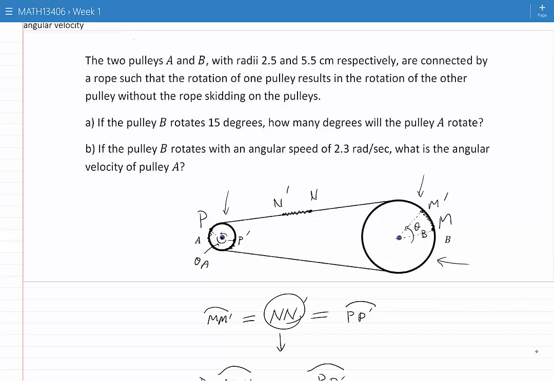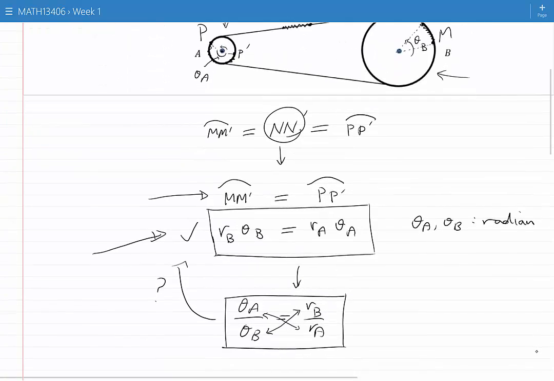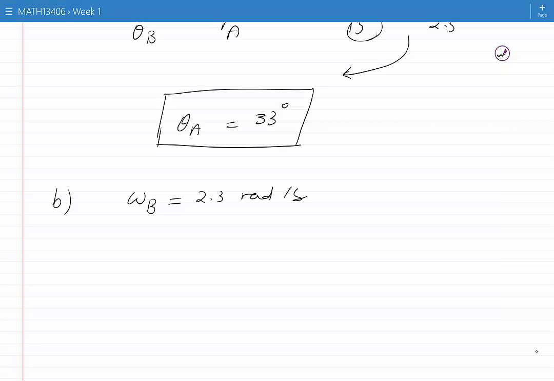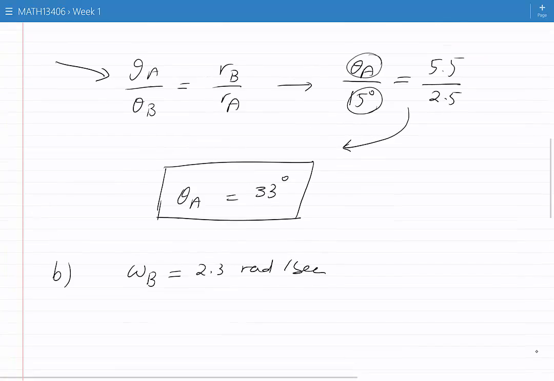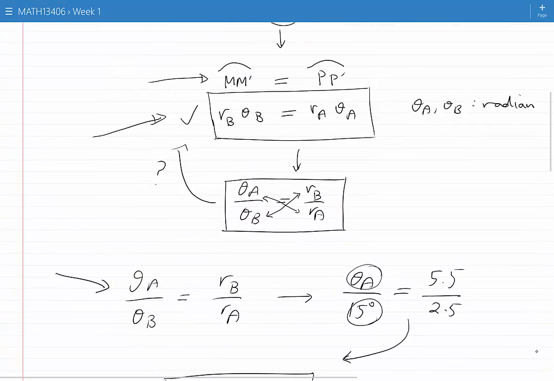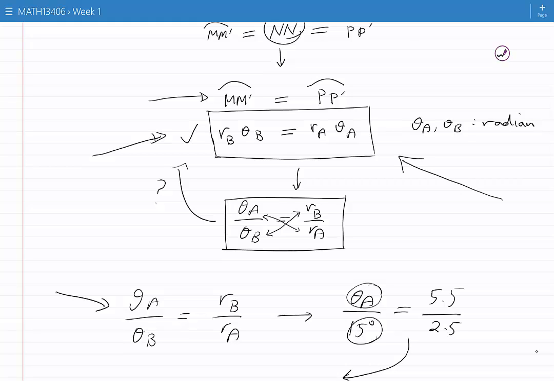So omega B is 2.3 radians per second. Let's look at the equation we found a while ago, and that is this equation. RB theta B is equal to RA theta A.